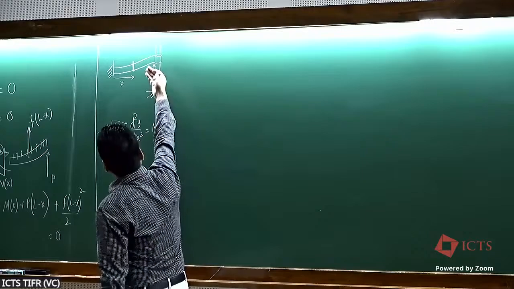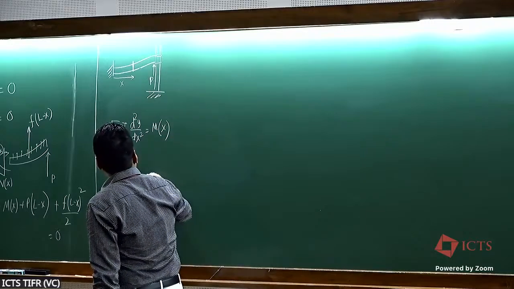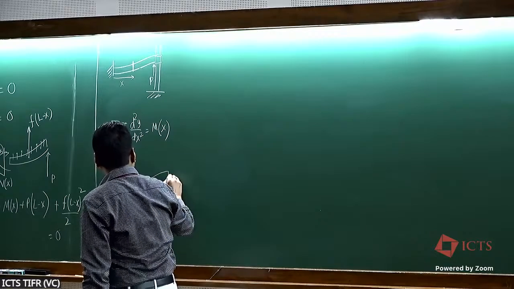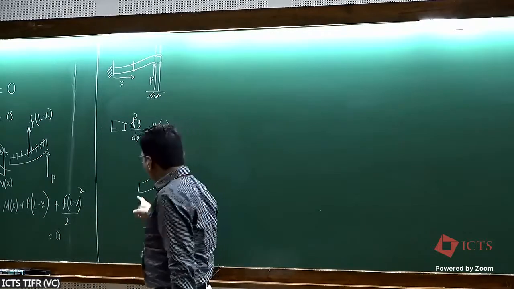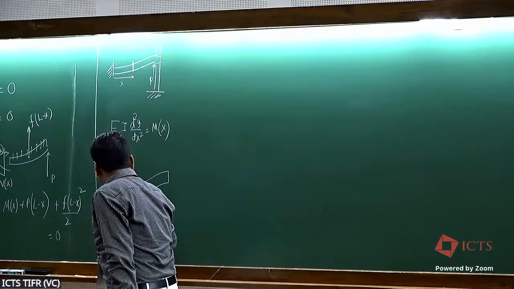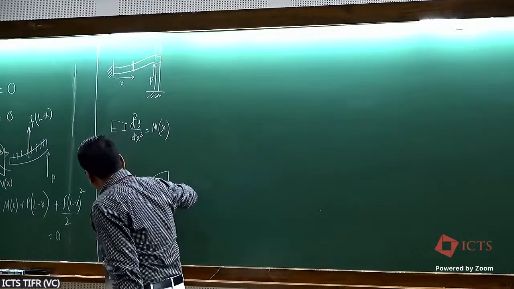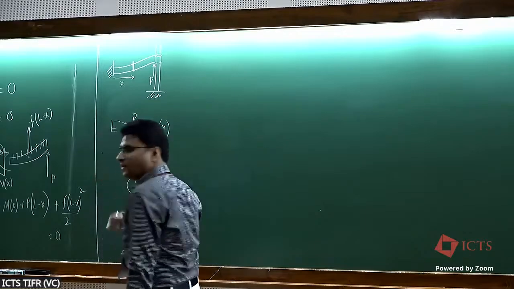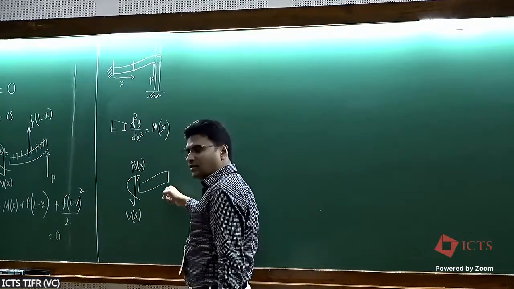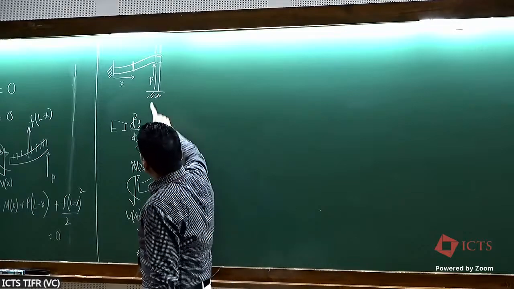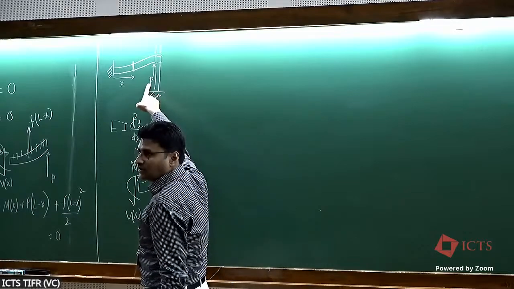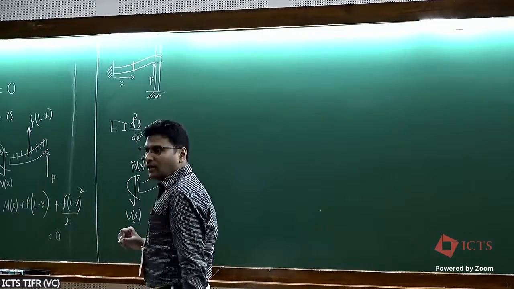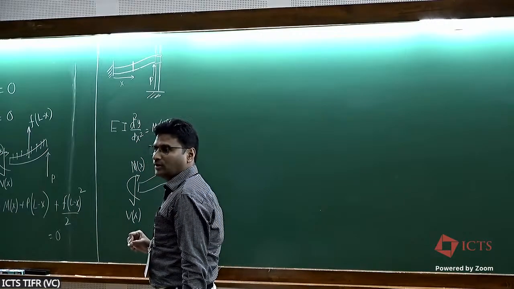To isolate that beam, over here you're going to have V of x and M of x. But at this end, you are going to have your P and also a reaction moment.